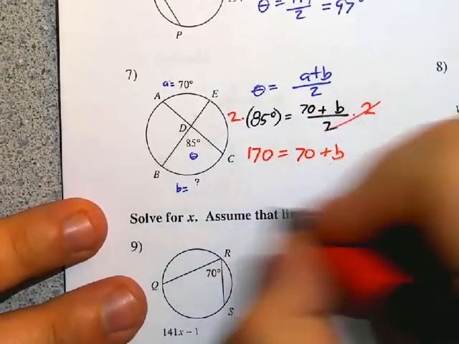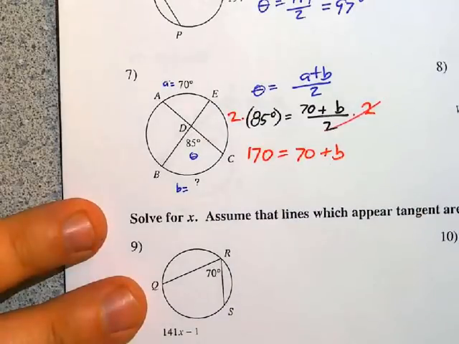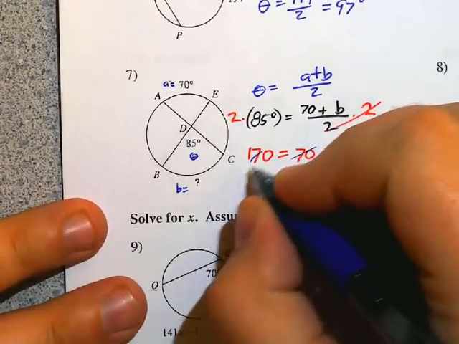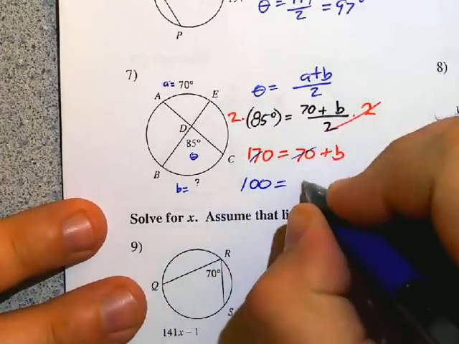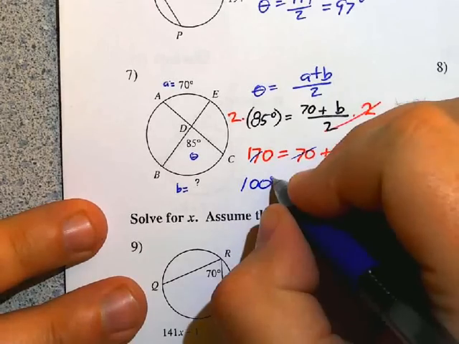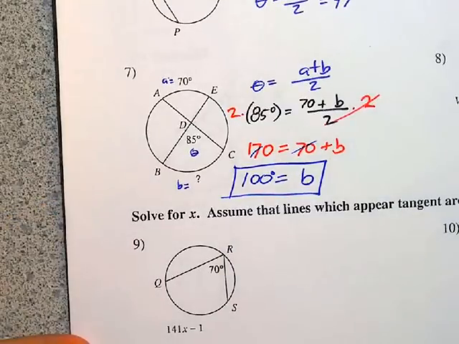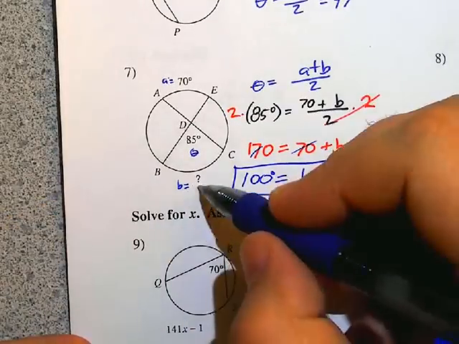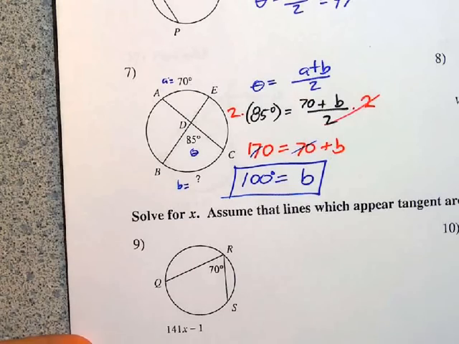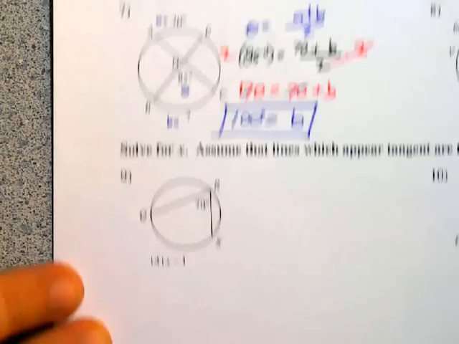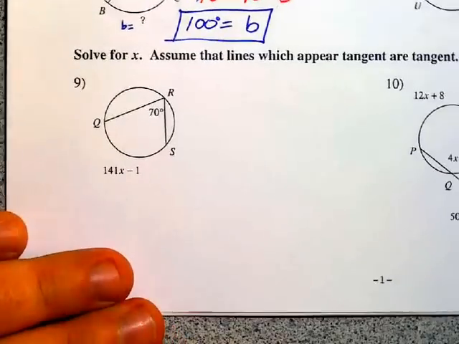So this can be 170 equals 70 plus B. I think it's easy to see now. You subtract 70 from both sides, and you're going to end up getting 100 equals B. All right. So if I put 100 here, it averages with 70 to be 85, and that does make sense.